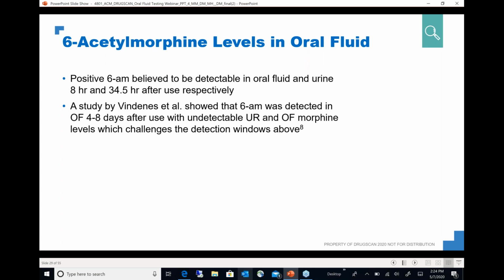A recent study by Vindies showed that 6-AM was detected in oral fluid 4 to 8 days after use of heroin, while it was undetectable in urine and the oral fluid morphine levels were negative. So that's been very interesting information, which challenges everything we believed about heroin use and 6-AM in oral fluid. Therefore, oral fluid appears to be a great matrix to identify individuals using heroin.